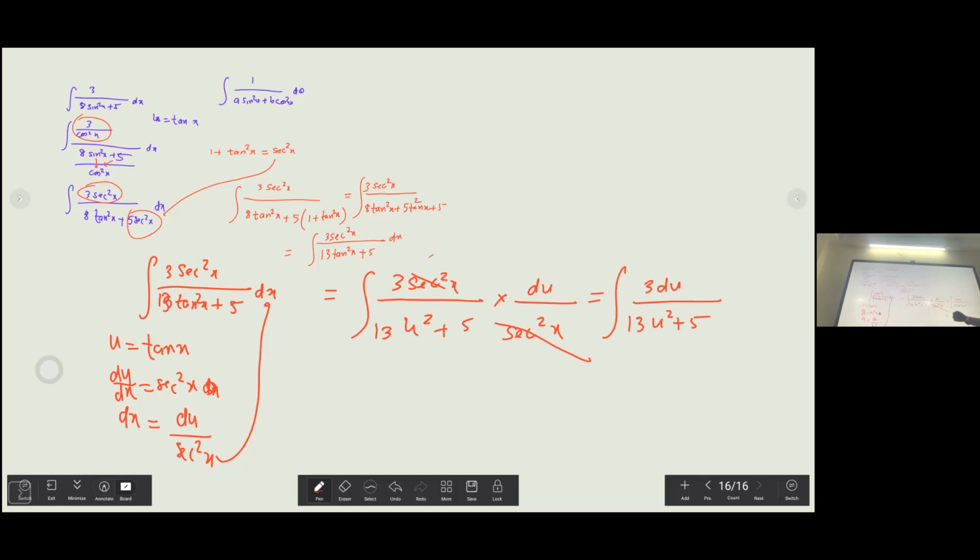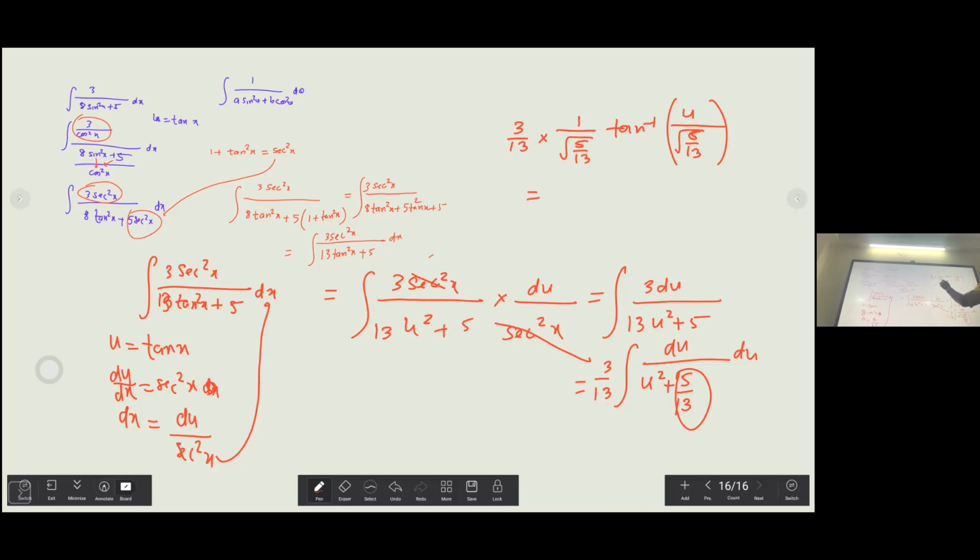So take 13 common first. So it becomes 3 by 13 outside, integration of du upon u square plus 5 by 13. So here you can see a is the root of 5 by 13. So integration of this is going to be 3 upon 13 as it is, into 1 upon a. So 1 upon root of 5 by 13 tan inverse u upon a. So tan inverse u upon root 5 by 13. So root 13 goes up.